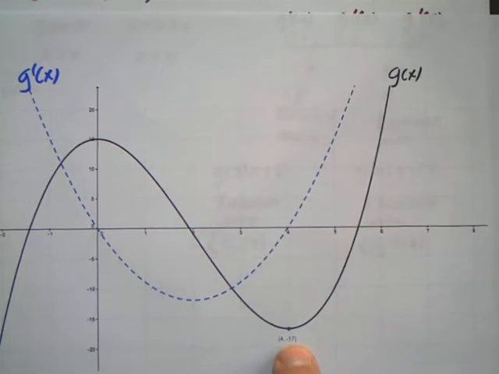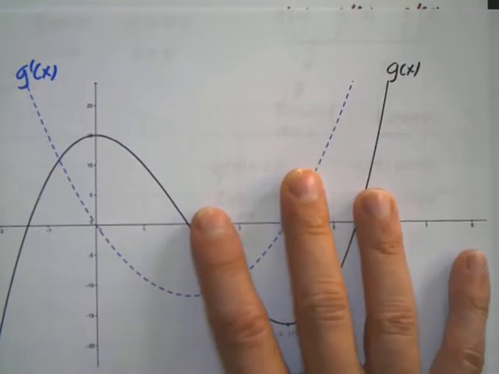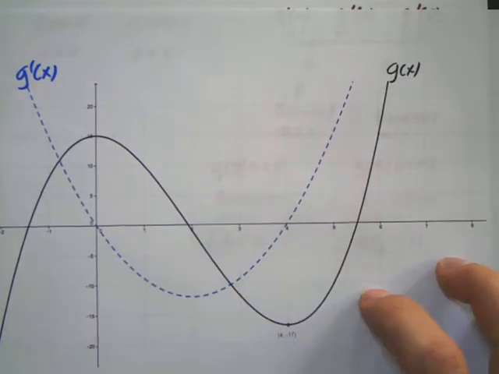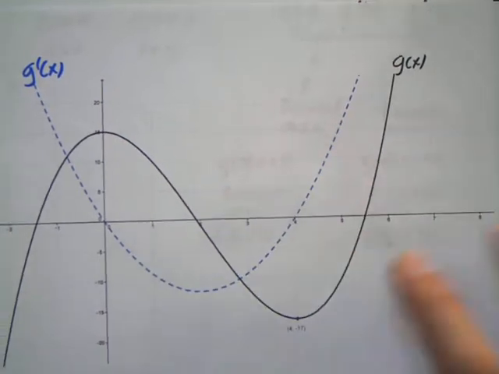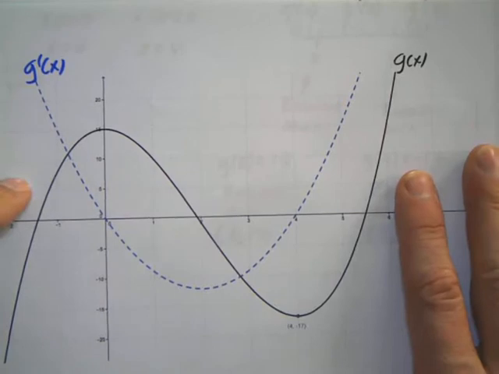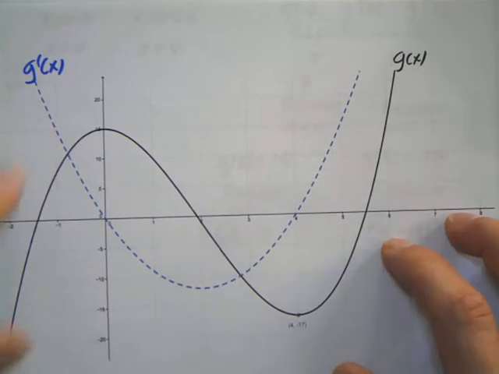And at 4, the graph value is negative 17, and that corresponds to what we found by hand graphically. So you should copy this graph into your notes. You don't have to make it as big as this one, but just so this matches up with the example that we just got done doing.